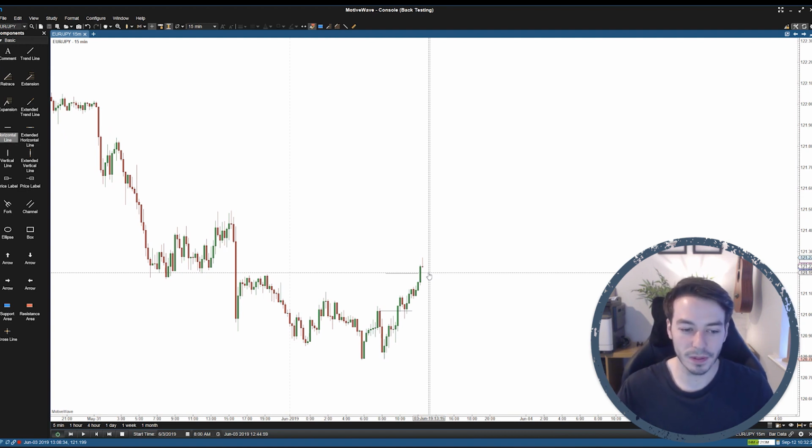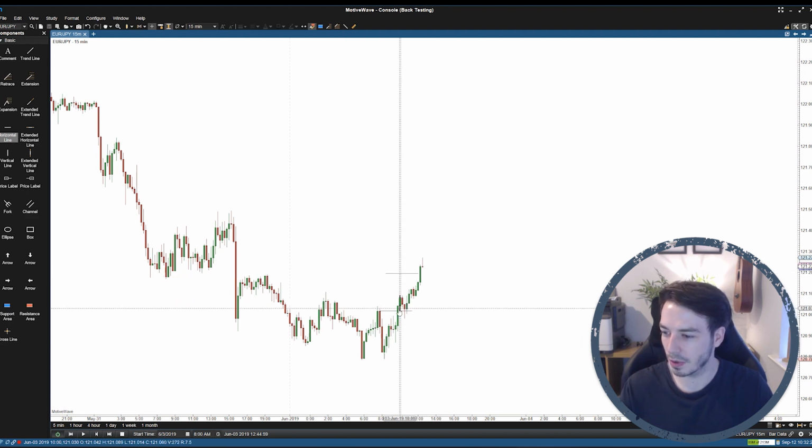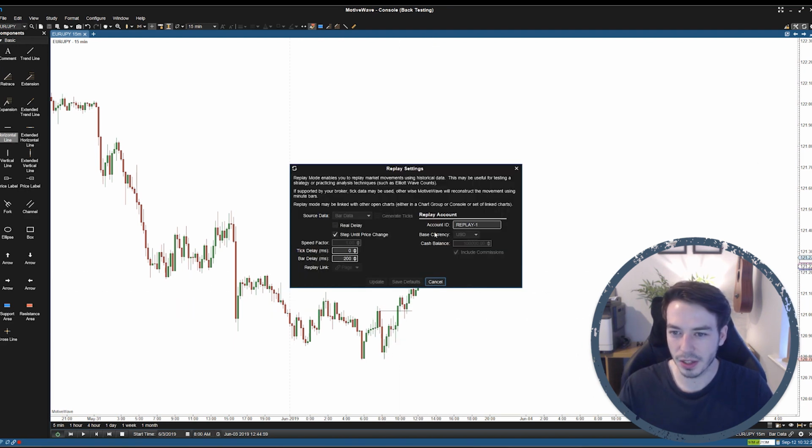And actually, Motive Wave does have something else which is quite cool. I think you can set up a replay account if you've got the right package. This is my biggest bugbear with this platform. I won't get into it now, but essentially they've broken it down into about 1 million different packages. And if you've got the right package, you can actually have a replay trading account.